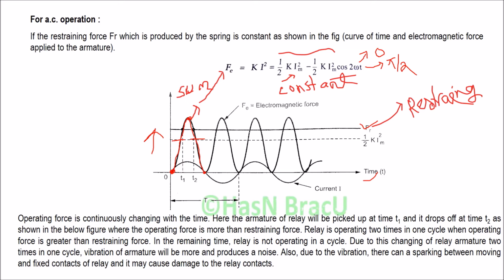For operating of a relay, the operating force must be greater than the restraining force. You can see from this time to this time, the operating force is more than the restraining force. Let's say it is time t1 and this point is time t2.